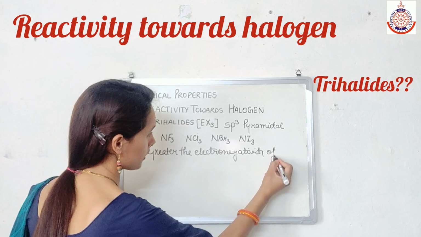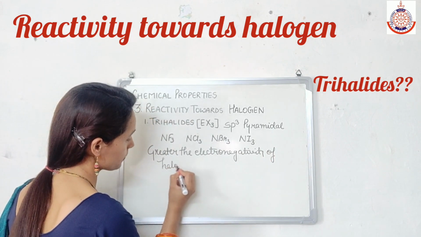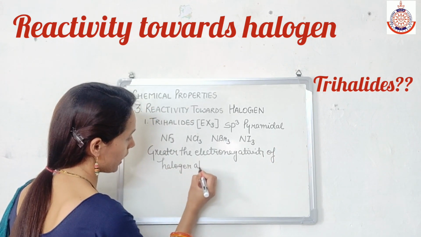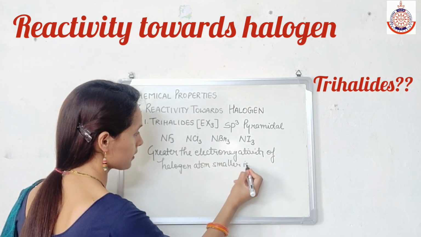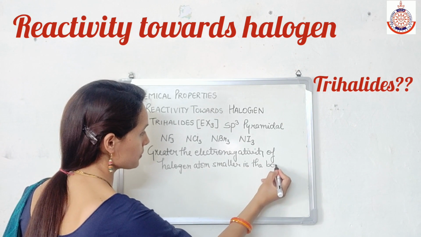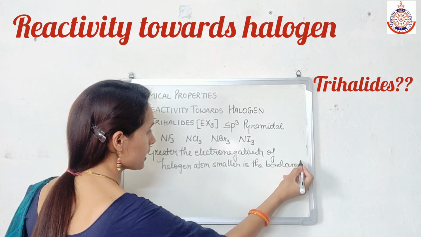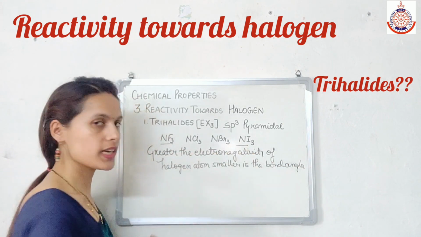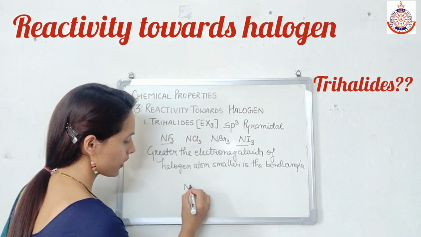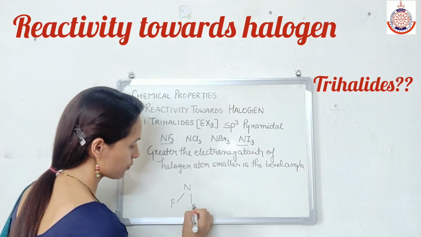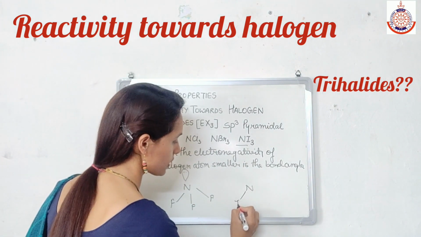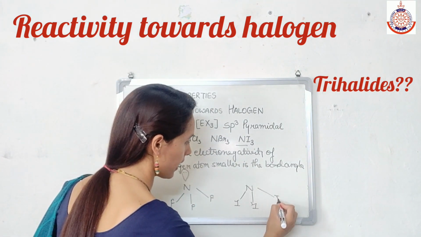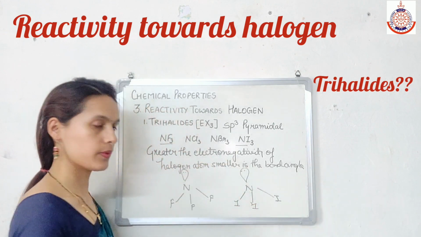Now, why am I saying this? If I take these two, NF3 and NI3, the structure of NF3 is like this: F, and a lone pair. NI3 is also the same: I, and a lone pair.